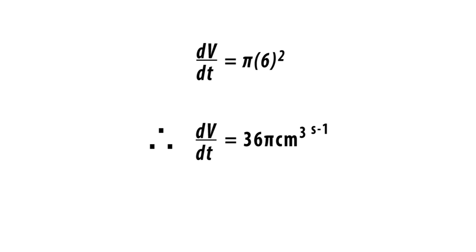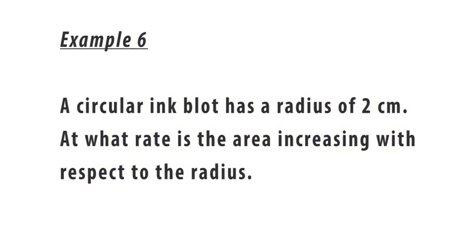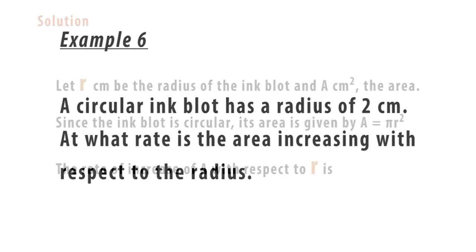We are taking another example. A circular ink blot has a radius of 2 centimeters. At what rate is the area increasing with respect to the radius? Let's take the solution.